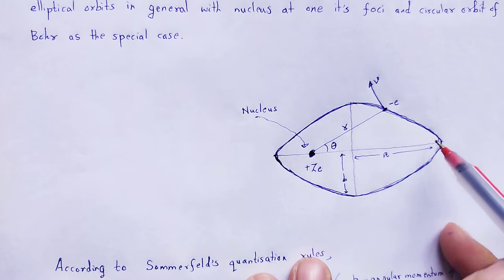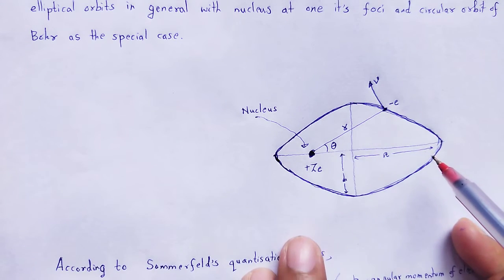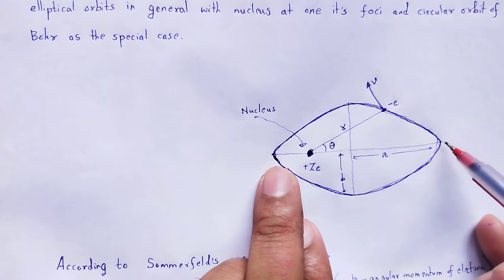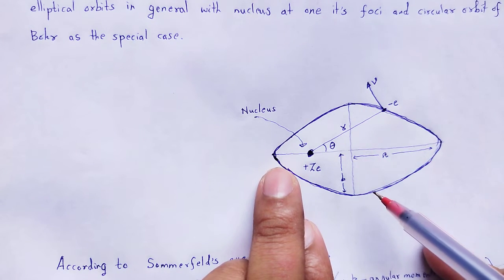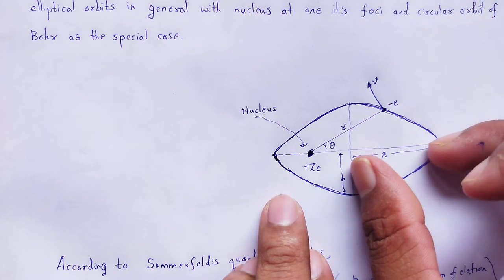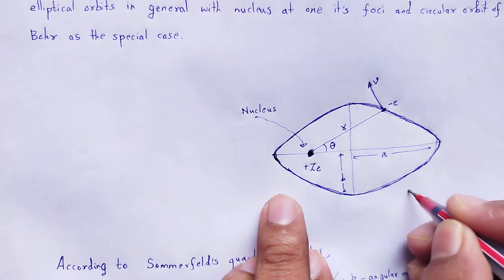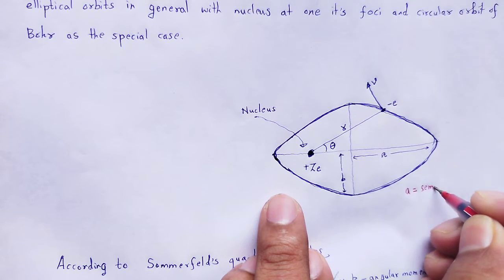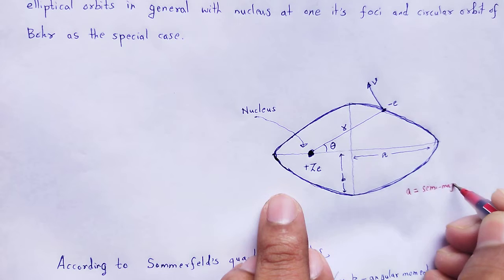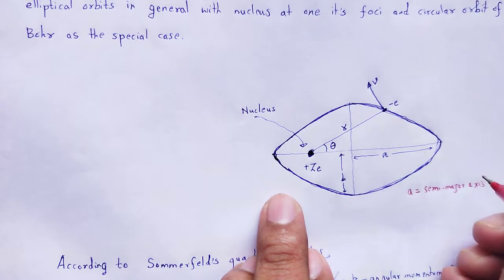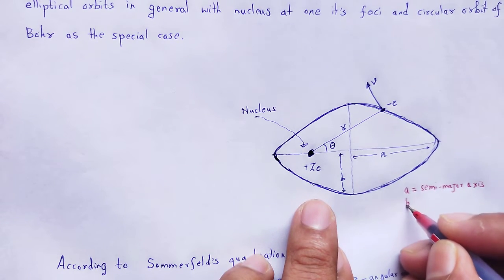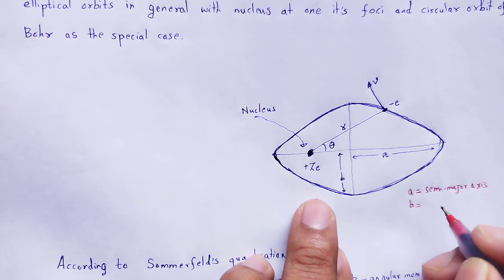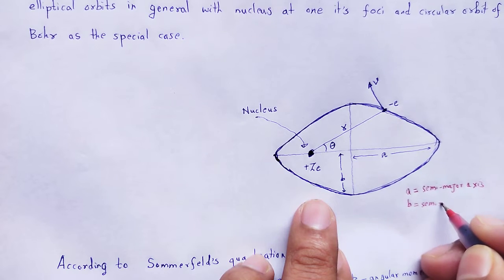This is an elliptical orbit. It has a major axis and a minor axis. This portion a is called the semi major axis, and similarly that is the minor axis and this portion b is the semi minor axis.